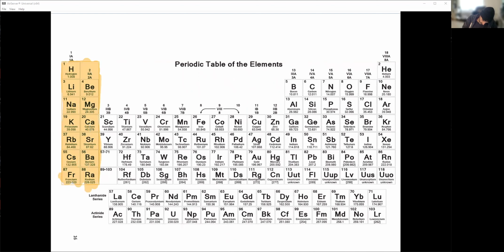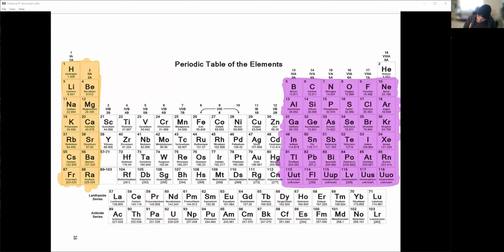Okay, this section right here. Next up, I'm going to take this over here. Helium is a little weird. I'm going to move helium right next to hydrogen. And there's a reason for that. It does belong where it belongs, but just for the sake of having this conversation, helium belongs next to hydrogen for this conversation.